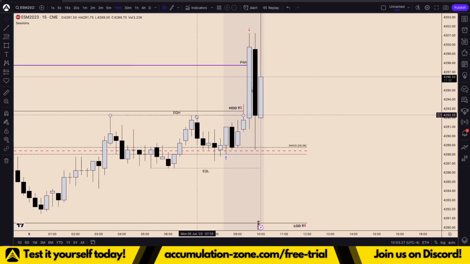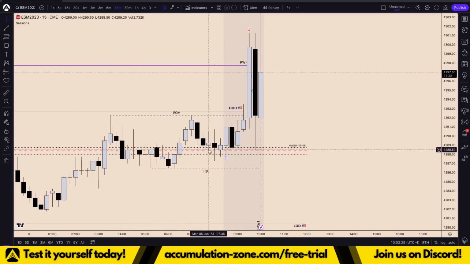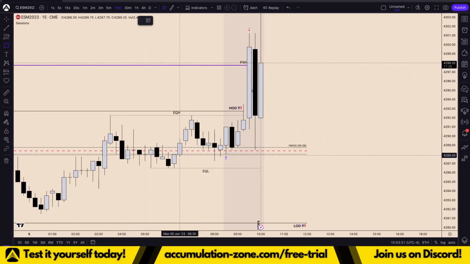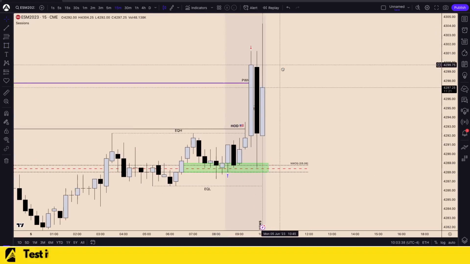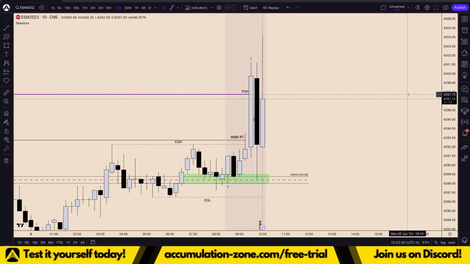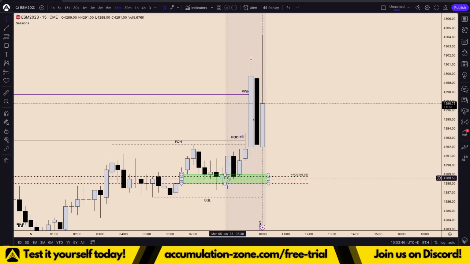I saw this move, the rejection around the new week opening gap. We also had a bullish fair value gap, 15-minute fair value gap right here. That also kept on holding support for this move back to the upside. This was the general idea. I entered right here once price came back to the top of this fair value gap. Right here, there's my execution.